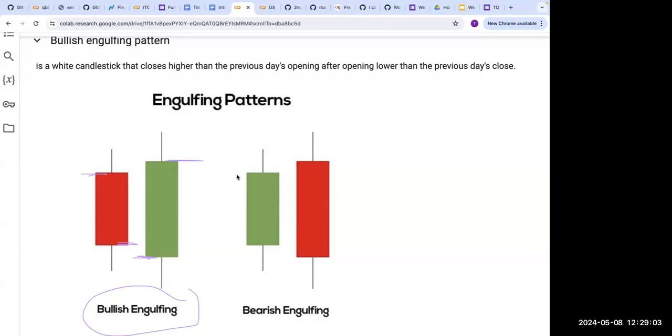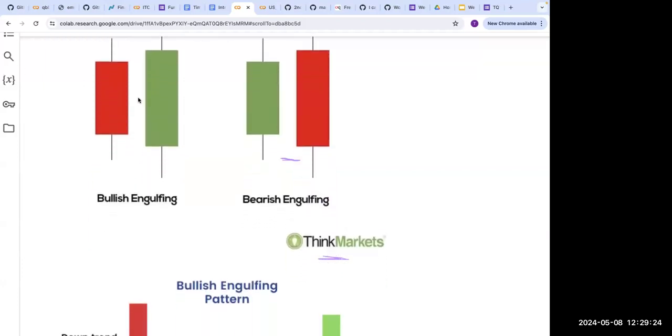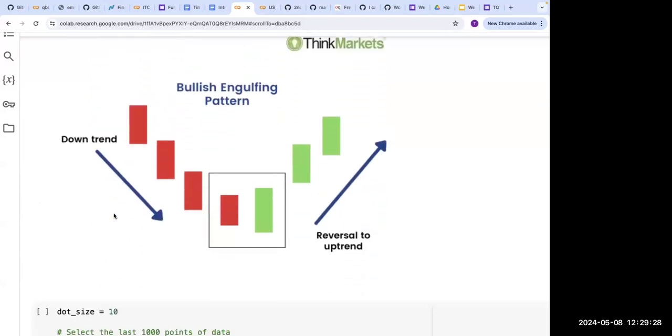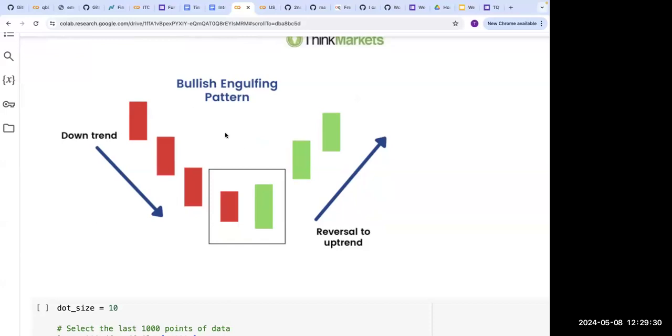It might have increased a little on the previous day, but eventually it broke down, right? It eventually made a loss more than the previous profit. So this means the stock is on a very bearish side as seen by traders. Let's try to see how to find these. You can see the bullish engulfing pattern. There was a downward trend.